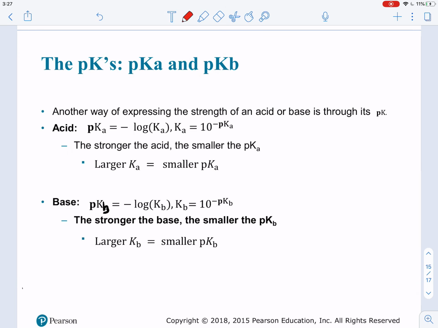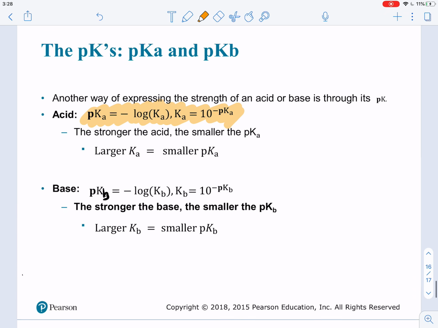Okay, the pKa is equal to the negative log of Ka, and you process this in pretty much the same way that you process the concentrations. So the calculations are similar. It's the minus log of 10 to the negative something, or if you want to calculate the constant, then it is 10 to the negative pK for the corresponding pK. So it doesn't matter if it's an acid or a base, the process is similar.